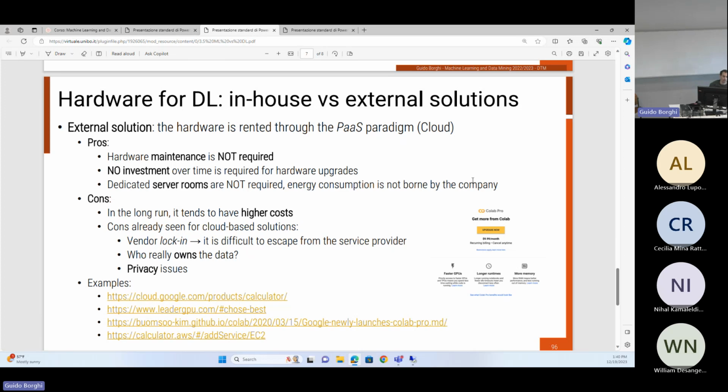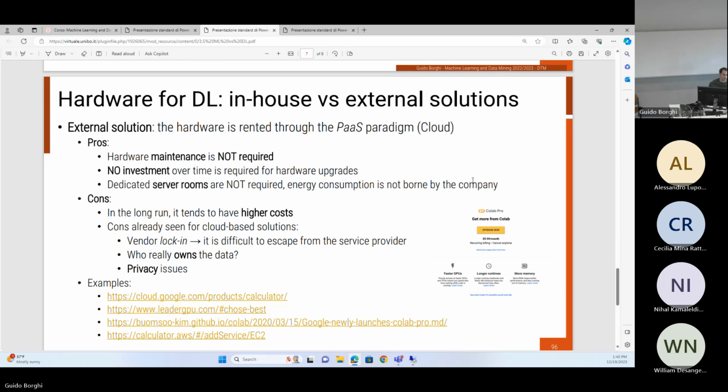So the hardware maintenance is not required, and no investment over time is required for hardware upgrades. And then we don't have dedicated server rooms in the company, since the GPUs are not located in the company, but in an external, third-party company, and the service is provided through the internet connection using cloud technology.